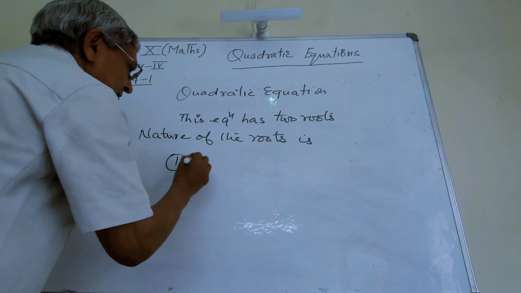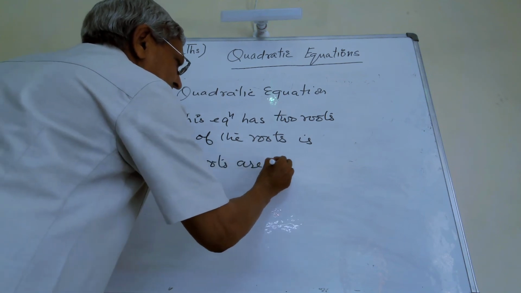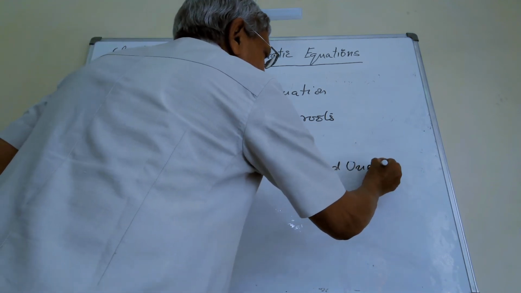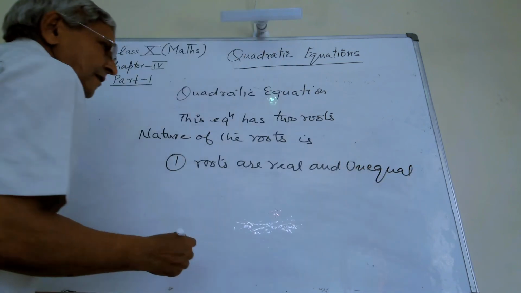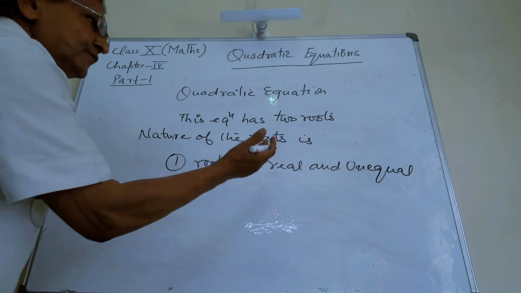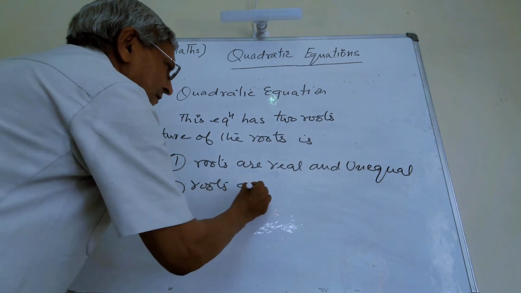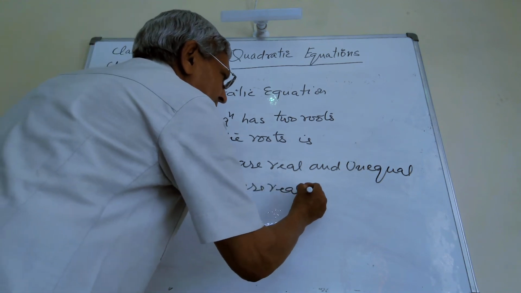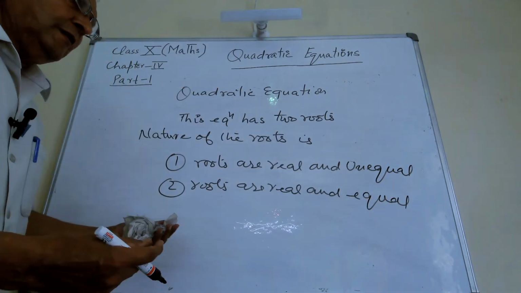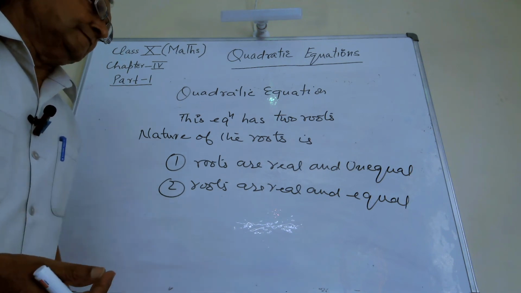Number one, roots are real and unequal. For example, 3 and 4. Second, roots are real and equal. 3 and 3, 4 and 4, both the roots may be equal.